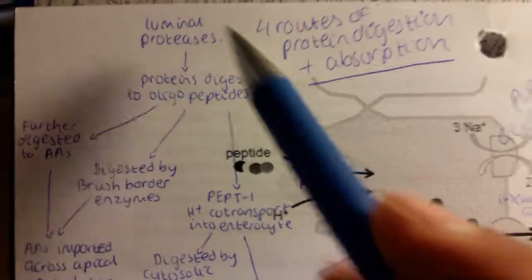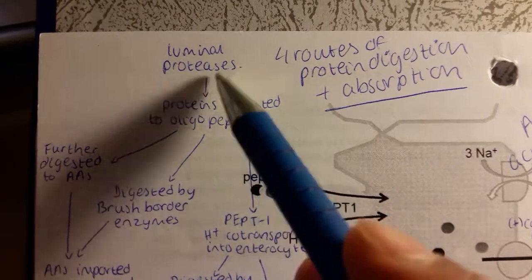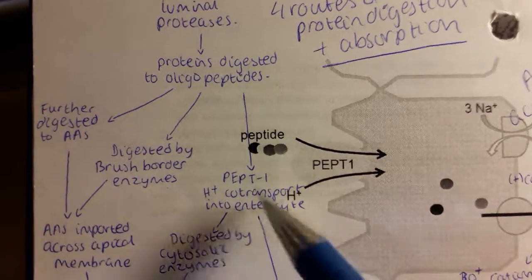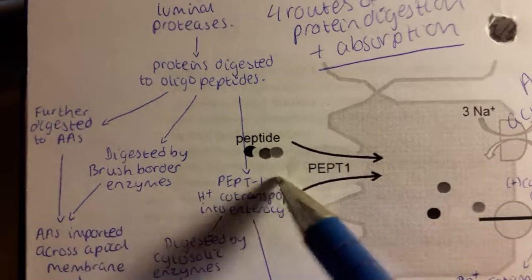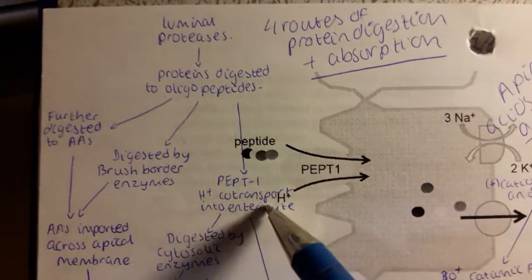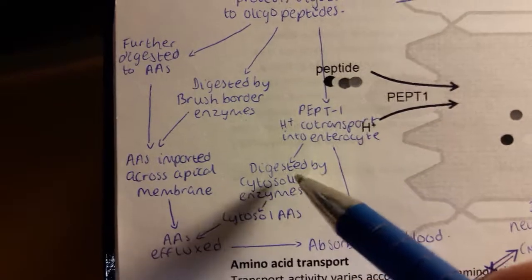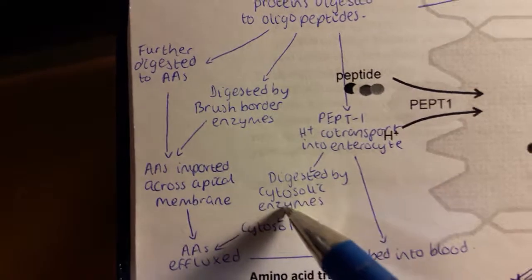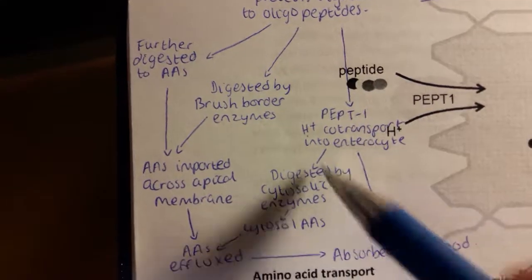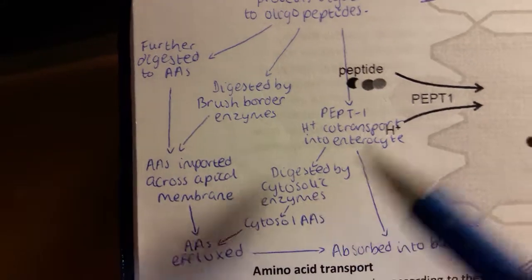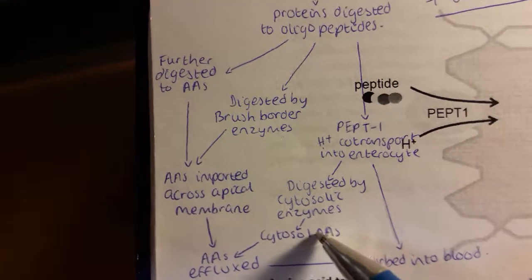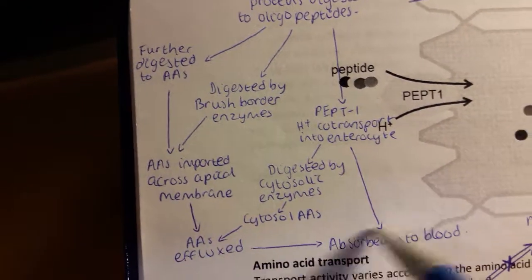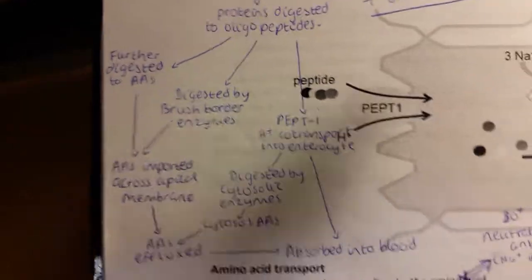The third route is that the luminal proteases digest the proteins into oligopeptides. The oligopeptides are taken up into the enterocyte rather than being digested, through the PEP-T1 hydrogen cotransporter. They're then inside the enterocyte, where they're digested by cytosolic enzymes, which means enzymes inside the cytoplasm of the enterocyte, to provide amino acids already in the cytosol, from where they're effluxed across the basolateral side into the blood.